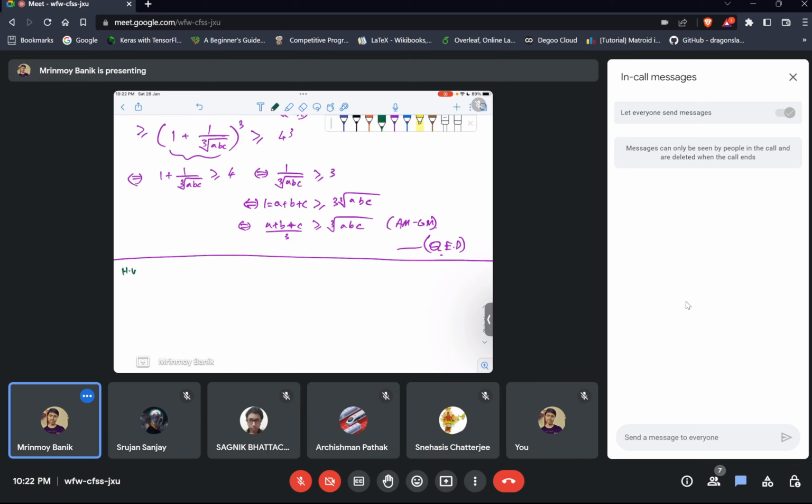So on homework, show that the minus form is greater than or equal to 8.